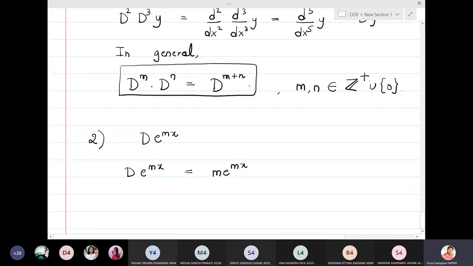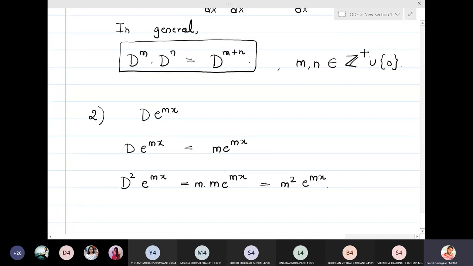What is the second derivative of e raised to mx? The first derivative will be m into e raised to mx, and if I again take the derivative, it will be m into m e raised to mx, which is m square e raised to mx.